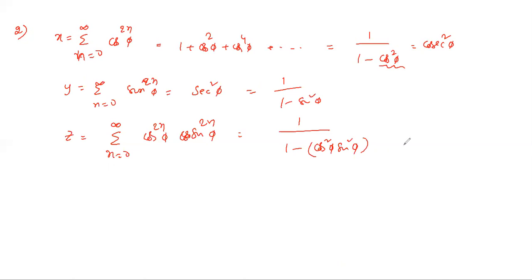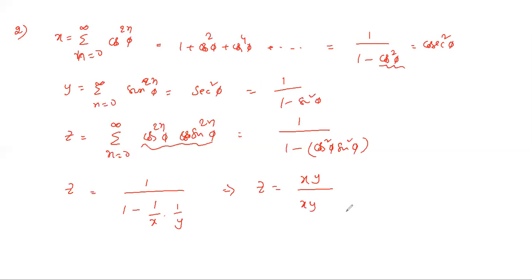But here we get 2 because of the product. You replace the values: z equals 1 by 1 minus cos square phi, with cos square phi meaning 1 by x and 1 by y.